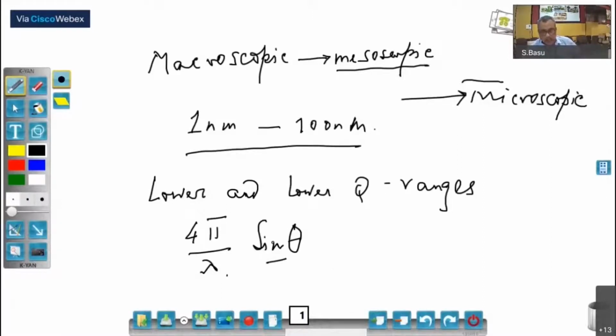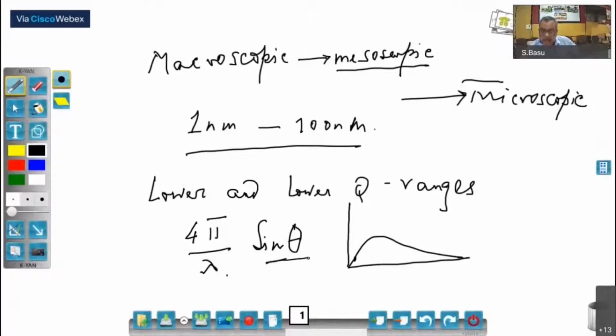Now, both ways there are challenges. Reason being, longer lambda means, in the Maxwellian, I need to go to smaller energies, which makes my intensity low.